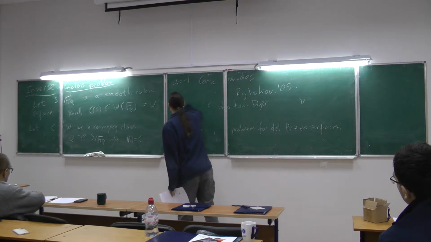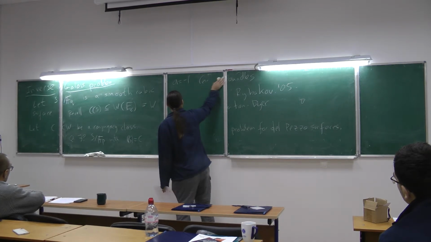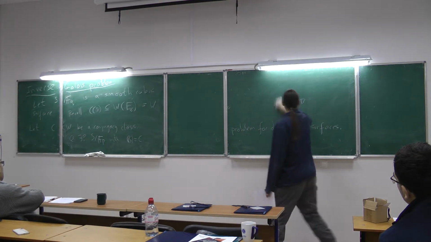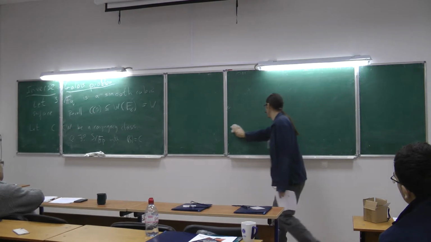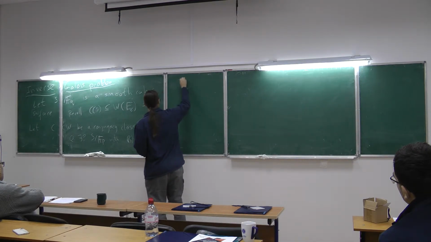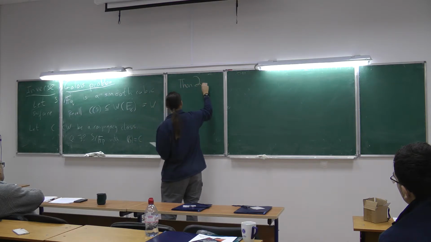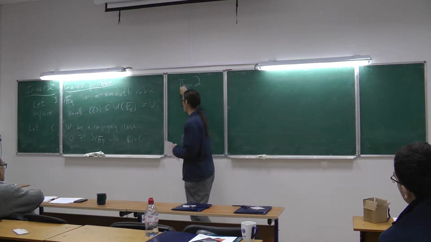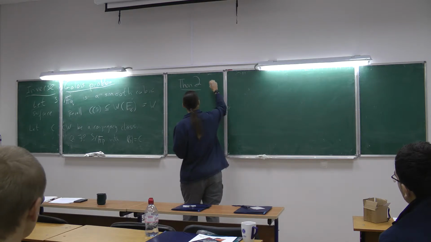So this is a more refined problem, and we managed to solve this, at least for sufficiently large primes. And moreover, we can even tell you how often these conjugacy classes occur.